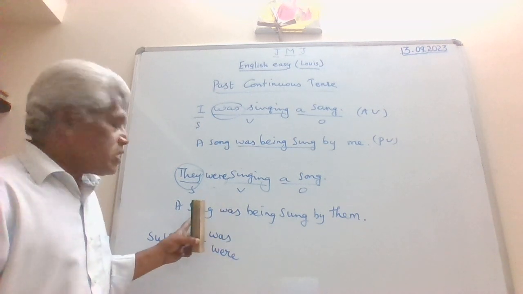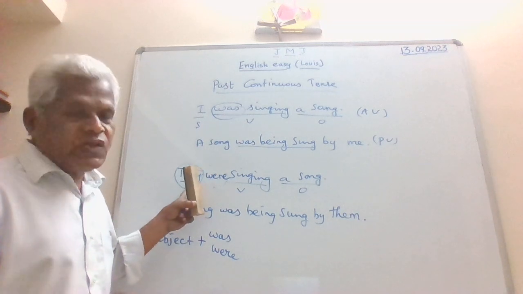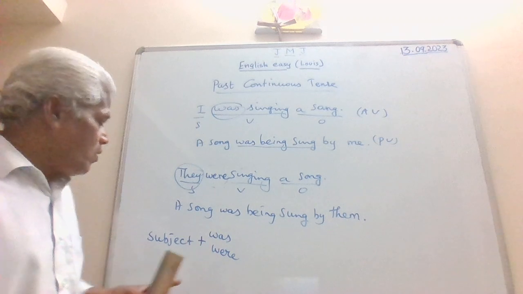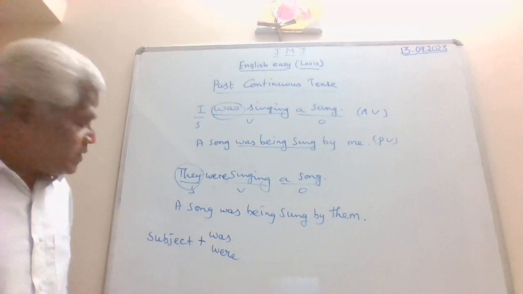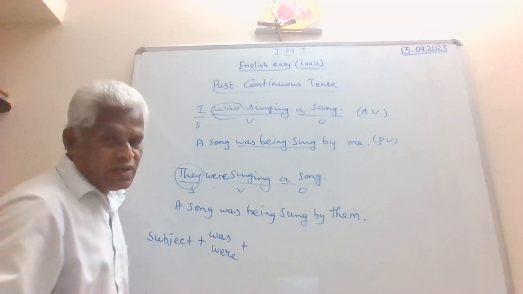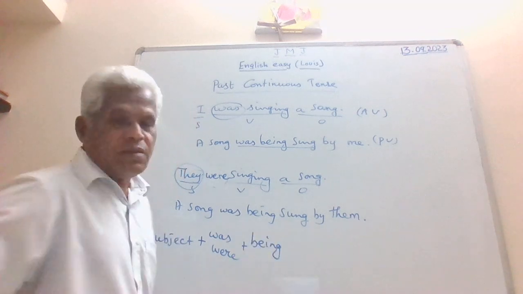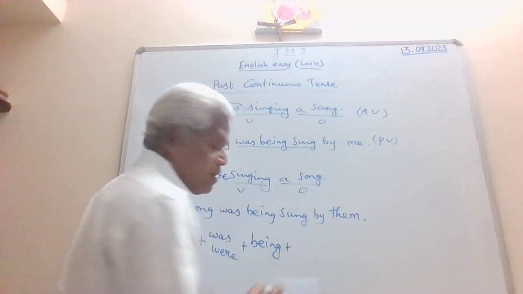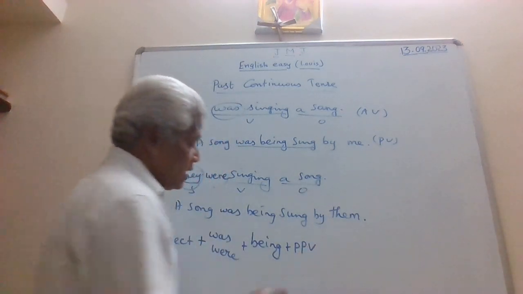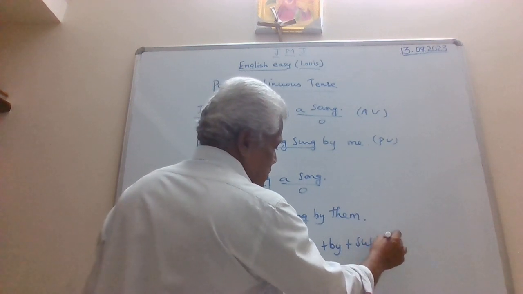Because a song is a singular subject, third person singular. They is your plural subject, so therefore we use were. Past continuous tense, no? Okay. So subject, was and were, plus what is next? Being, and then past participle form of the verb, and then by, then the subject of the active voice.